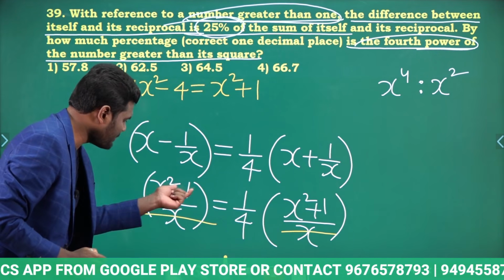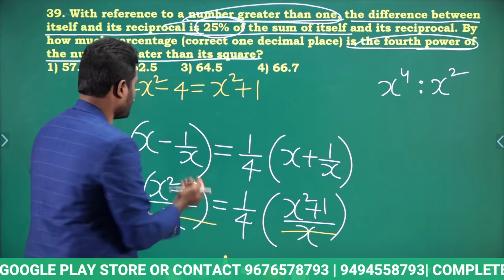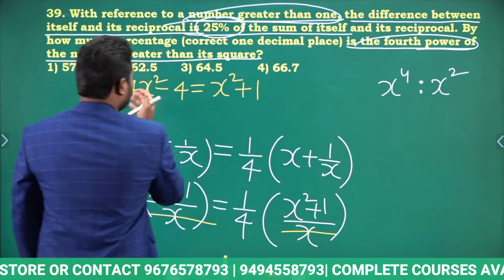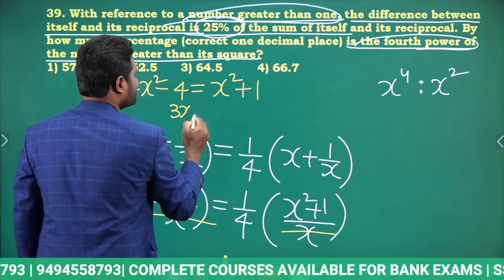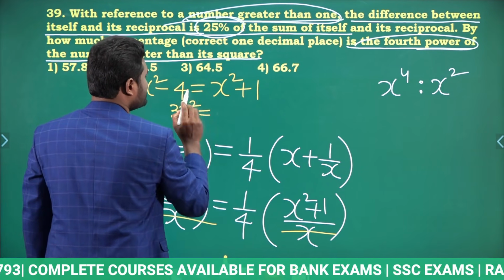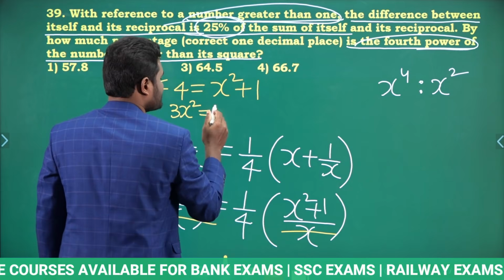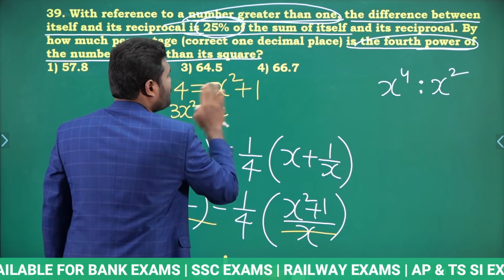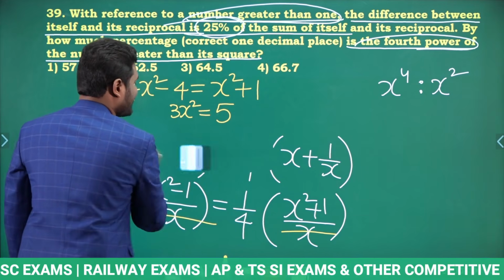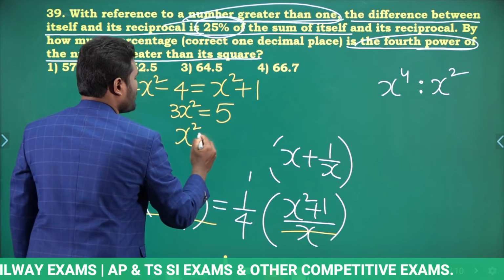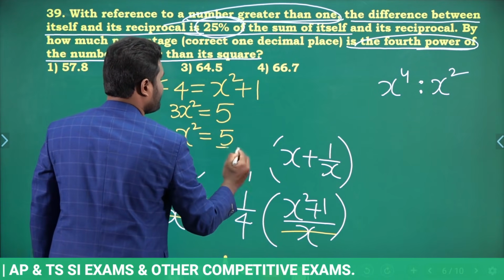So 4x square minus 4 is equal to x square plus 1. Now just simplify this one. 4x square minus x square is nothing but 3x square. 3x square is equal to, minus 4 goes to the other side, it will be plus 4. So 4 plus 1 is going to be 5. Which means I can say that x square is equal to 5 by 3.